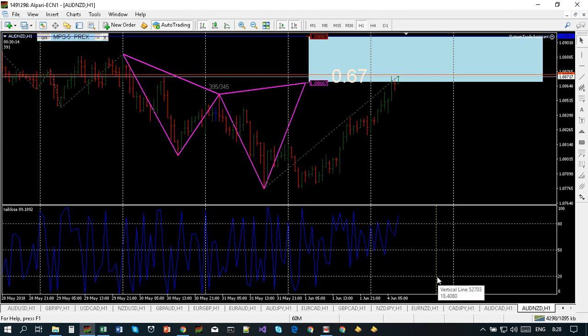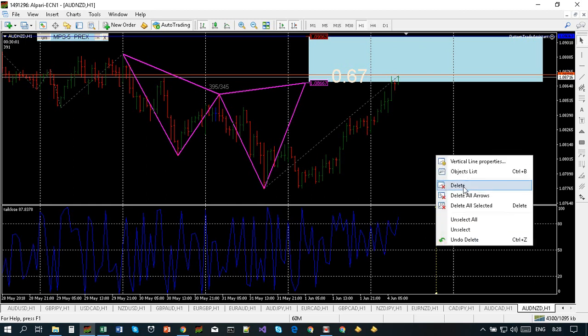So if the candle closes below 20, it means that it is a powerful bearish close. If it closes above 80, it means that we have a powerful bullish close. If it closes in the middle, then it is an indecision candle or a range candle.